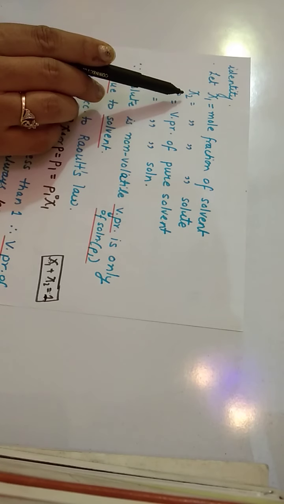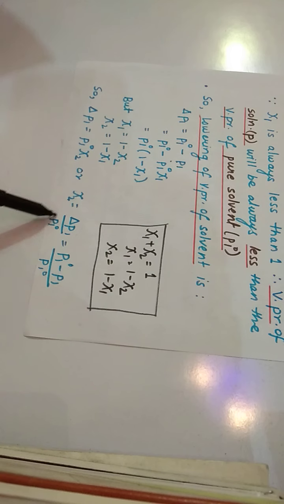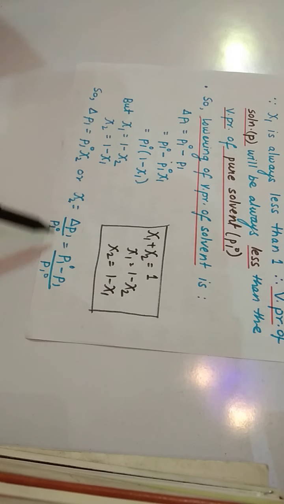See here, x2 is for solute. So the relative lowering in vapor pressure of a solution containing non-volatile solute is equal to the mole fraction of the solute. So the relative lowering in vapor pressure will depend upon the mole fraction of the solute at a given temperature.